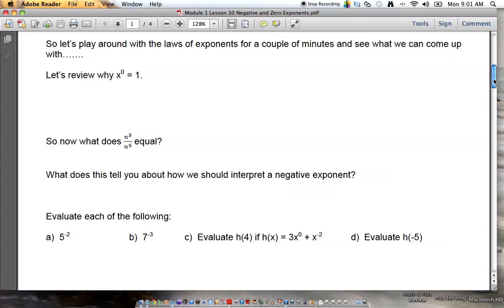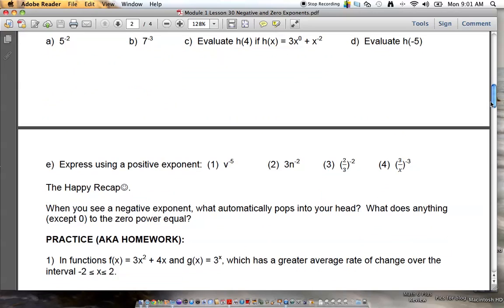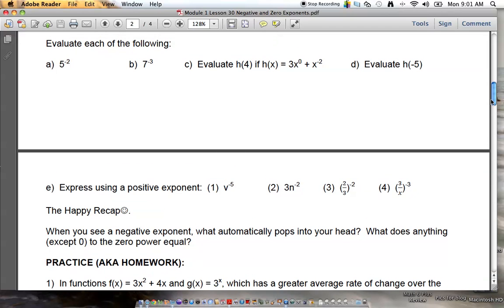5 to the negative 2, what would that be? 0.05. Well, now you're using your calculator, and I was going to get to that second. And it's actually 0.04. Yeah, I like the answer 1 over 25. Okay? Ready? Negative exponent. In some things in life you just drill into your head.